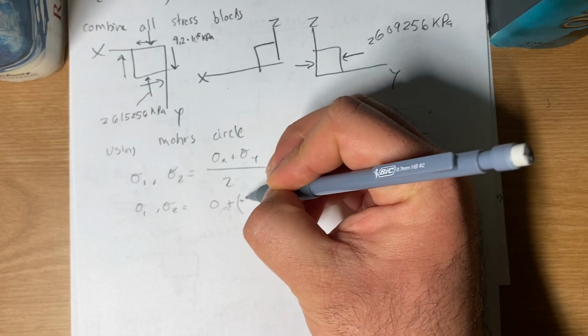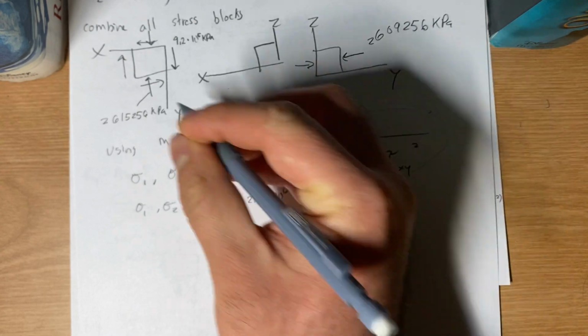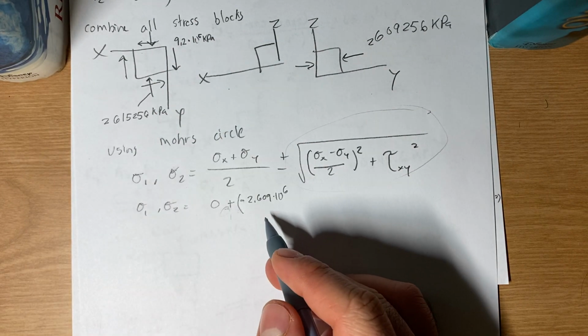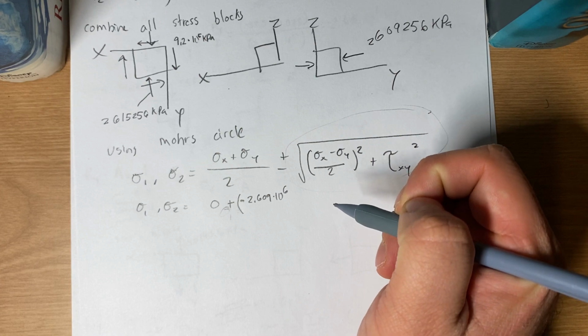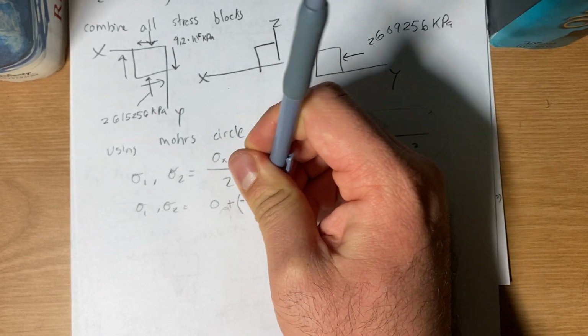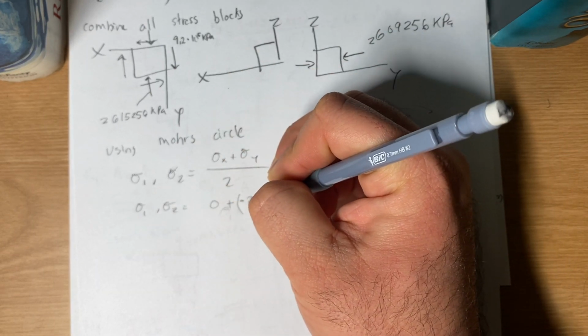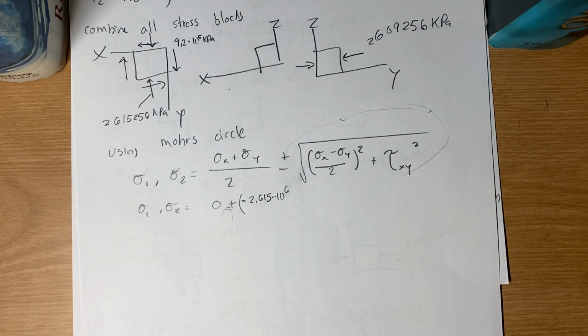So it is negative 2.609 times 10 to the 6. I just rounded it up, sorry, 6.15 times 10 to the 6, over 2.